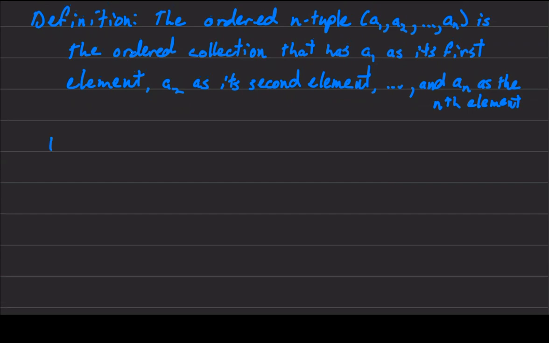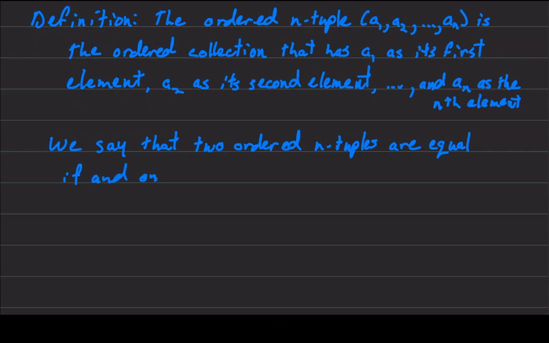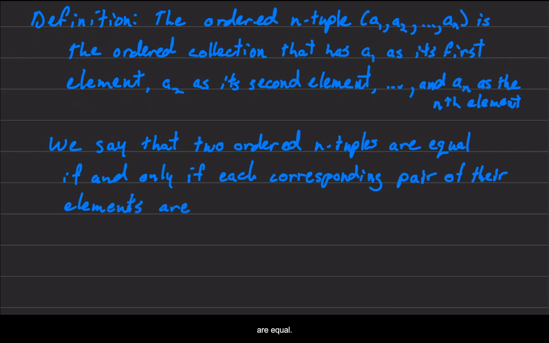All right, then we say that two ordered n-tuples are equal if and only if each corresponding pair of their elements are equal.